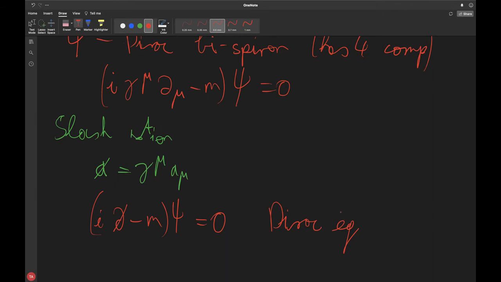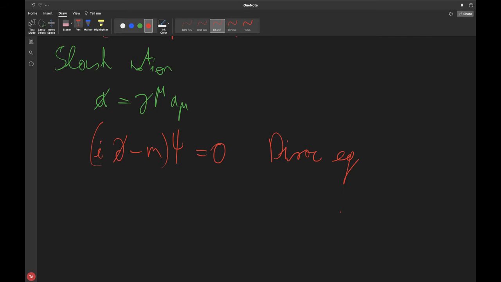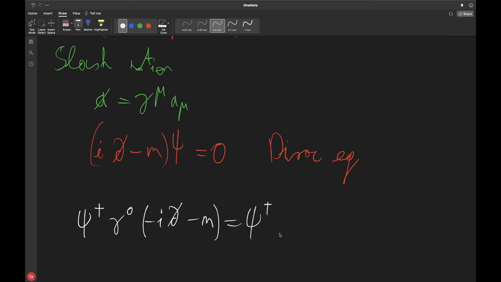We could also take the Hermitian conjugate of this equation and get that the psi dagger and the zeroth component of the gamma matrix, multiplied with minus i del slashed minus m, the mass, is the same as psi dagger gamma 0 times i del plus m, and all of these are given.